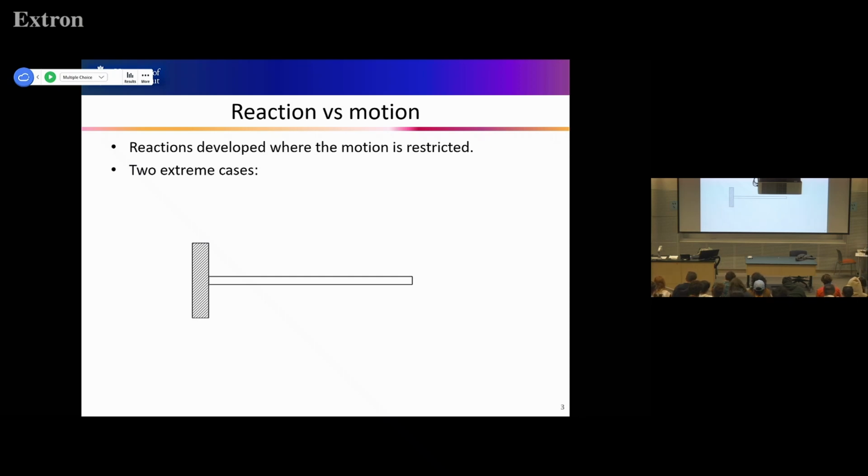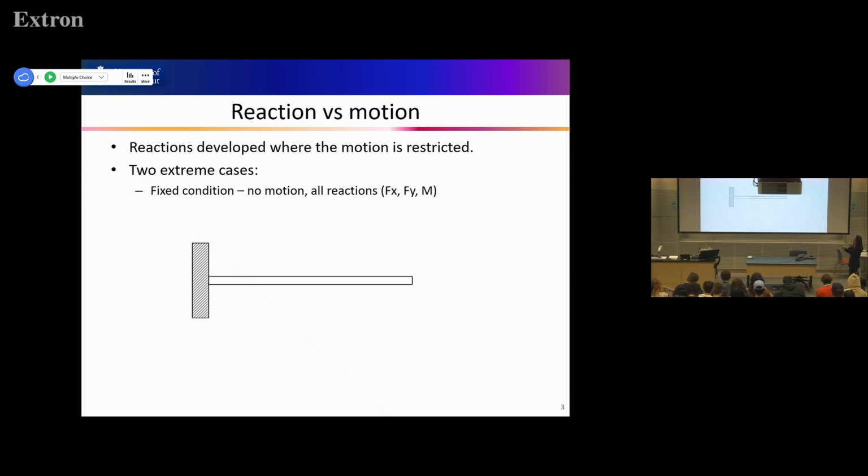So I show you two extreme cases using this cantilever beam. So left side is fixed and the right side is open. Left side, nothing can move or rotate, right? And then right side is open, so it's free to move, right? And then let's think about the reactions. So fixed connection left, there's no motion, therefore all kinds of reactions are developed at this support.